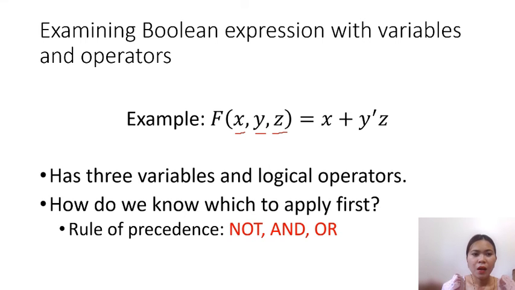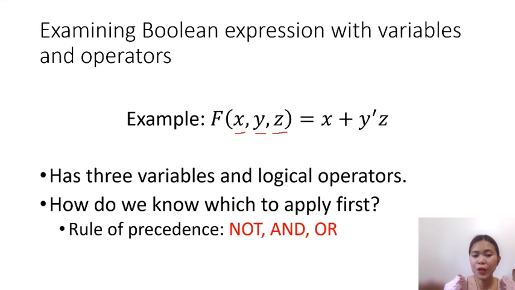Now, how do we know which operator to apply first? Basically, the rule of precedence for Boolean operators gives the following rules. First, ang may precedence aside from other operators is ang NOT talaga.